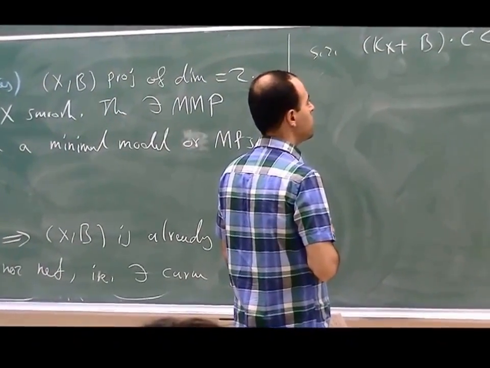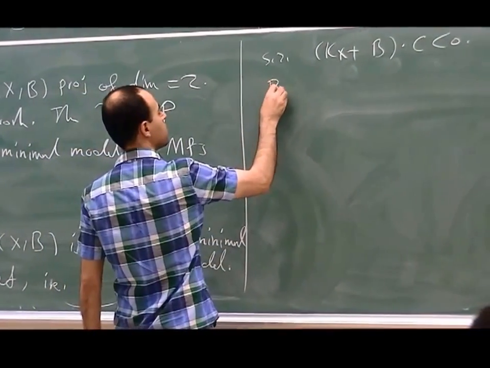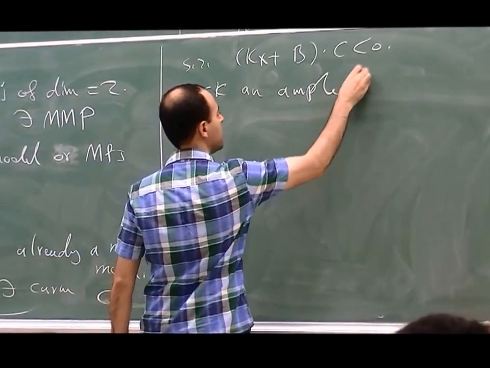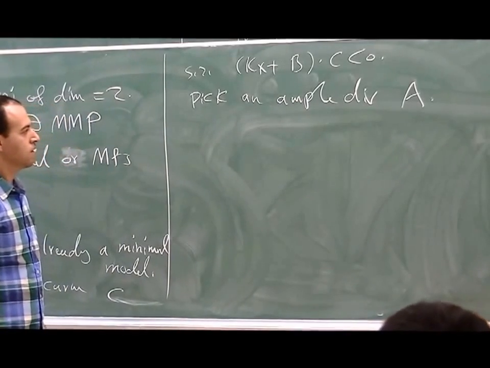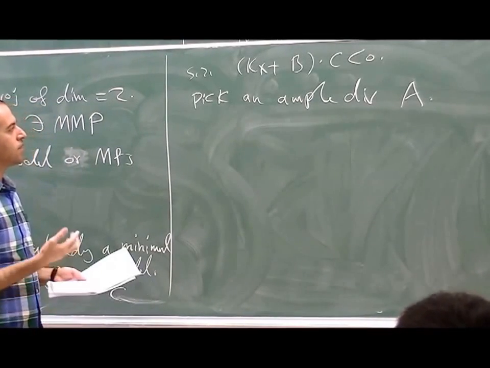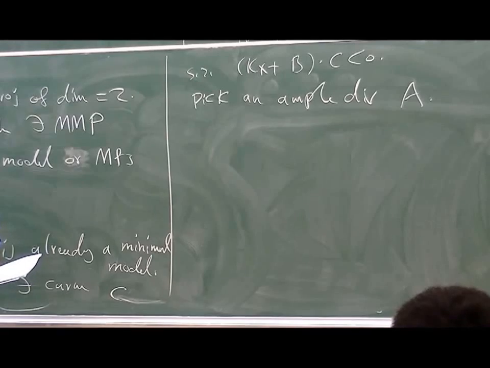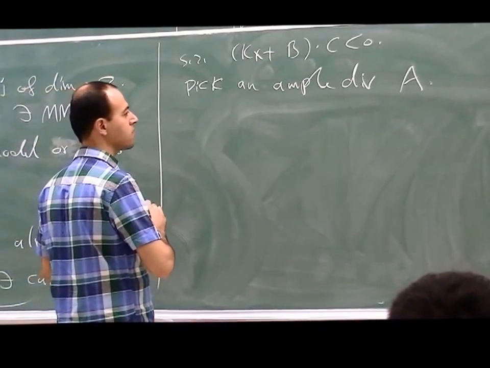So how do we do this? Well, first we can kind of cheat a little. Just pick an ample divisor, let's say A. Now, K_X + B is not positive, but if I add a lot of multiples of this ample divisor, it becomes positive for trivial reasons.